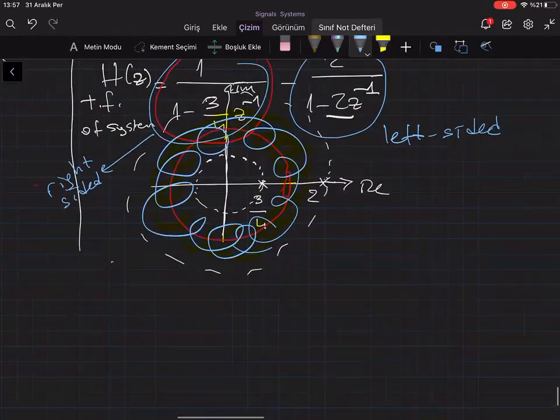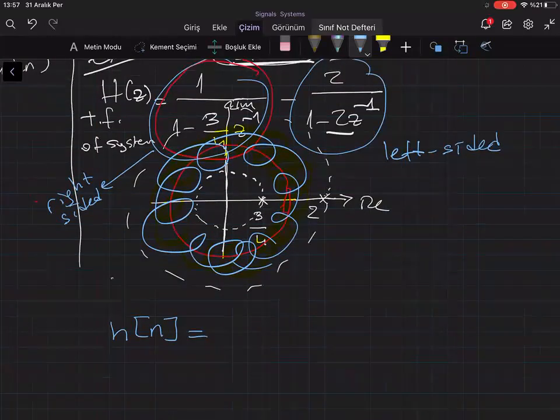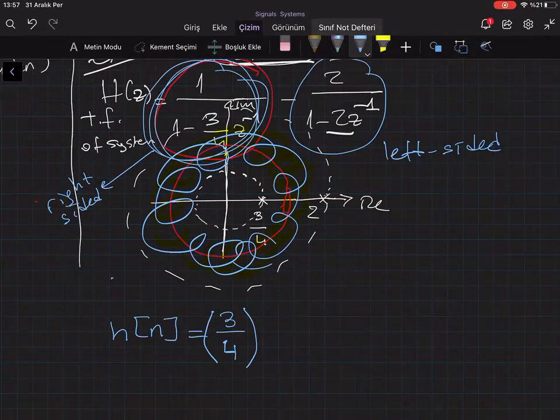So can you tell me what h of n is? Nuri, can you tell me what h of n is for this one? 3 over 4 to the power n, u of n.